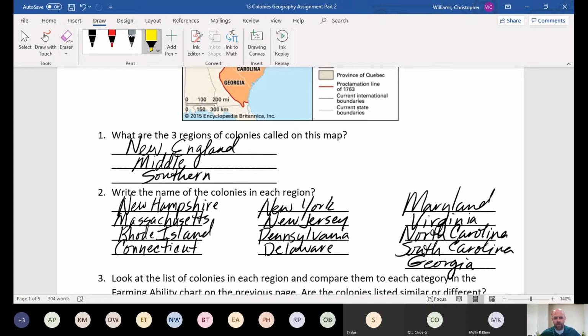You don't need to switch them as long as you have these 4, and these 5 in the correct boxes. Okay, so this would be New England, this would be Middle, this would be Southern. Okay, I don't know if you can see my cursor here. Anyways, is there anybody that needs more time with that?